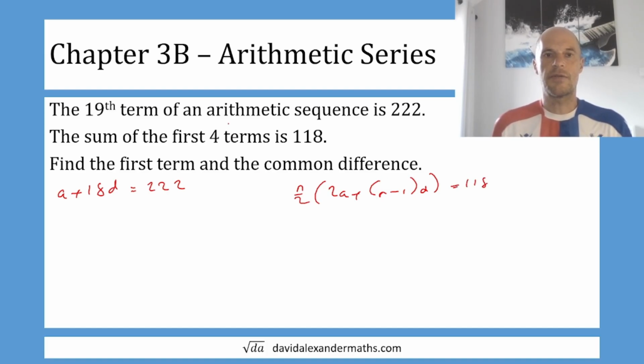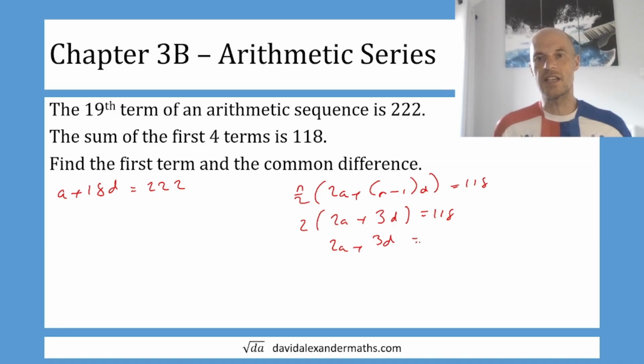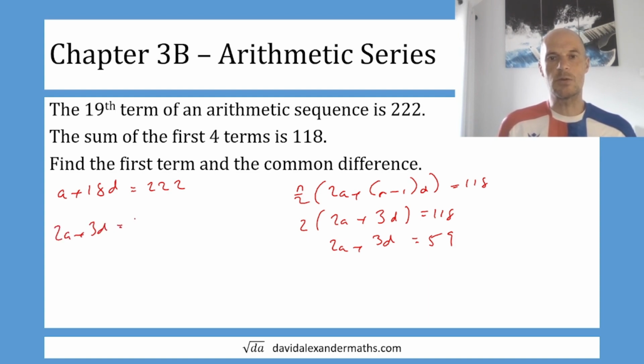So if there's 4 terms, that's going to be 2 lots of 2a plus 3d equals 118. In other words, 2a plus 3d is 118 divided by 2, which is 59. So I've got some simultaneous equations here. a plus 18d is 222, and I've also got that 2a plus 3d equals 59.